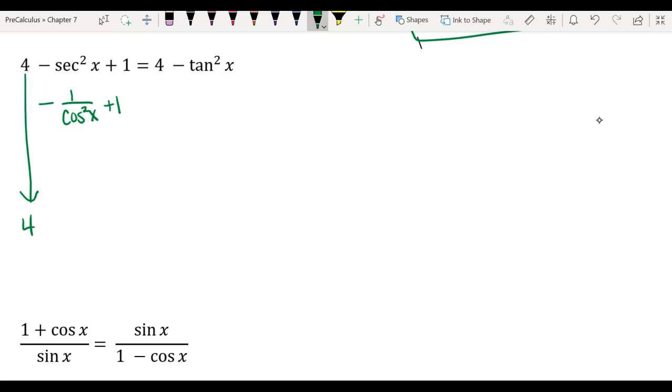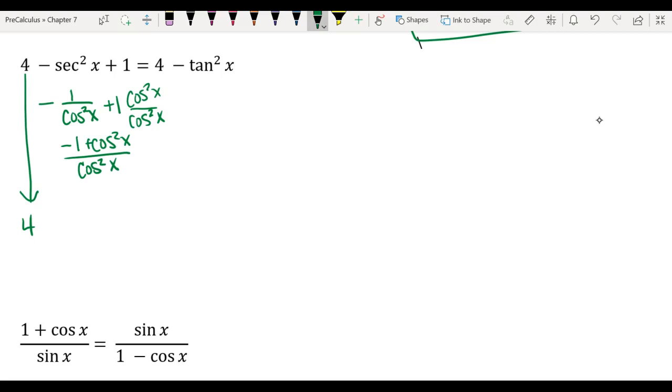Okay. So then what do we have to do to the 1? Common denominator, which is cosine squared, correct? Over cosine squared. So you have negative 1 plus cosine squared of x over cosine squared of x. What is negative 1 plus cosine squared of x equal to? Not negative sine squared. So notice that it's changed, right?